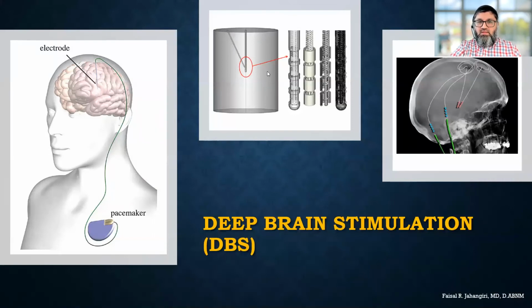If it is essential tremor or dystonia, you go to VIM or some other nucleus, depending on the disease. These are FDA approved mostly for Parkinson, essential tremor, dystonia, obesity, Tourette syndrome. When the recording is done, you take it out and then put in the stimulation electrode, which has multiple contacts, and you can pick contact one, two, three, four, or stimulate in one direction or the other direction.